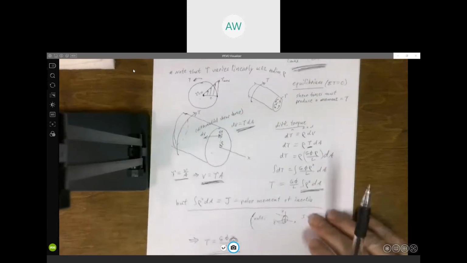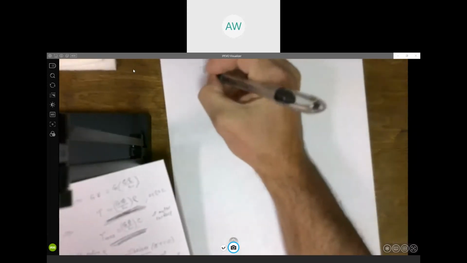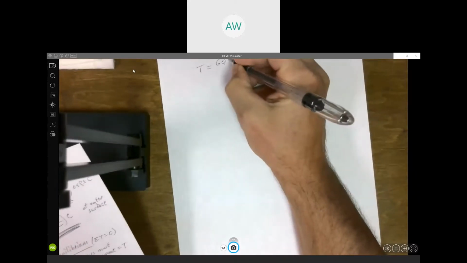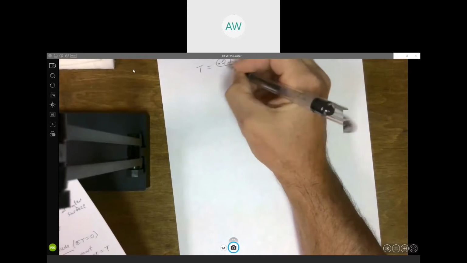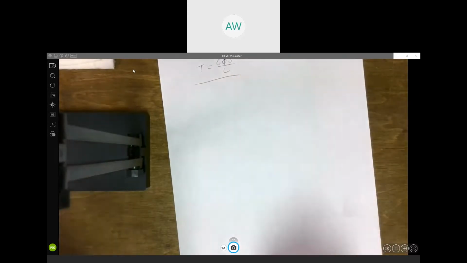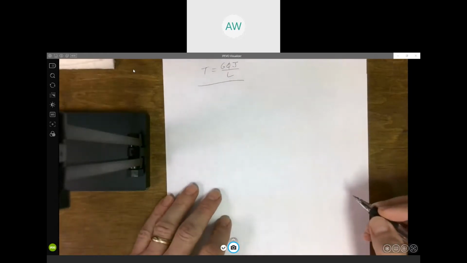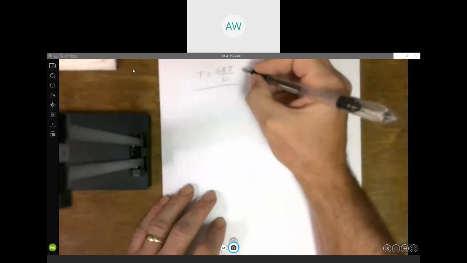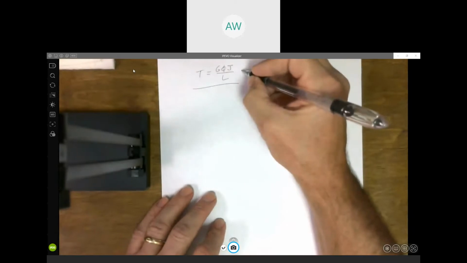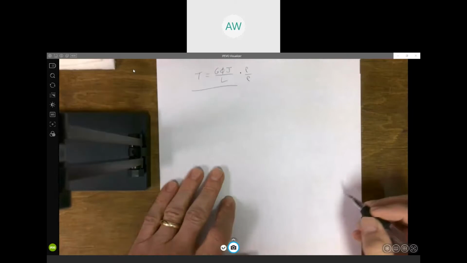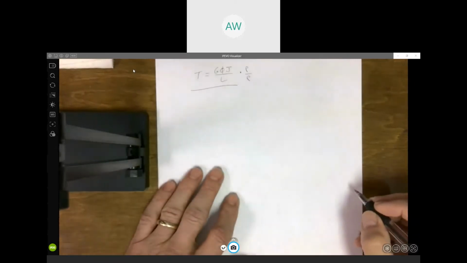All right. So let me rewrite this down. Here's where we're at. Torque is equal to G times phi times J over L. Just got to do a couple of things to get us there. What I'm going to do is multiply this times rho over rho, which I can certainly do, just multiplying by 1.